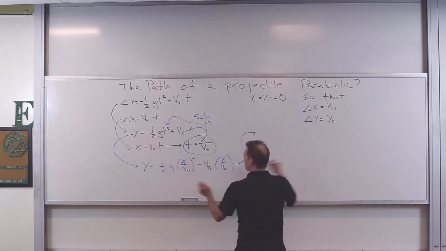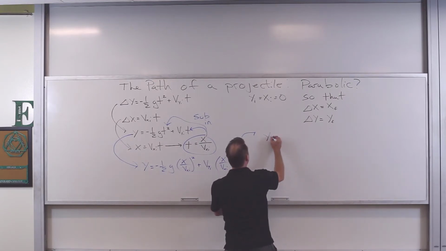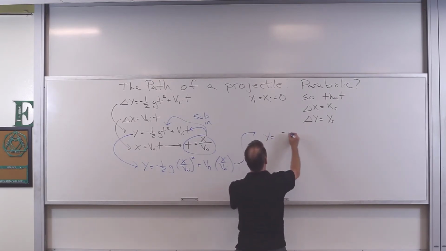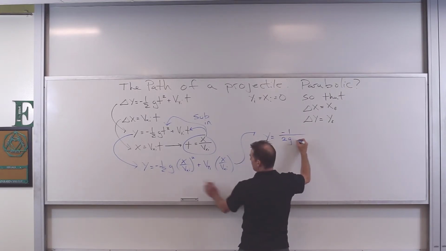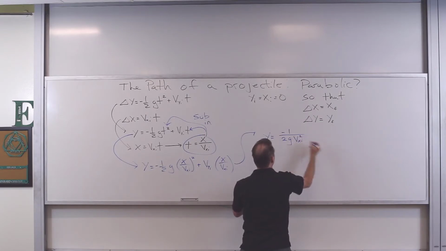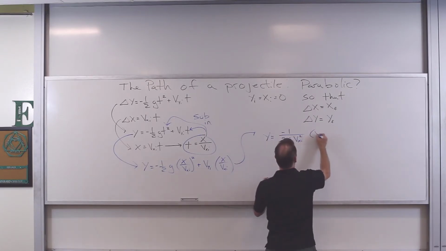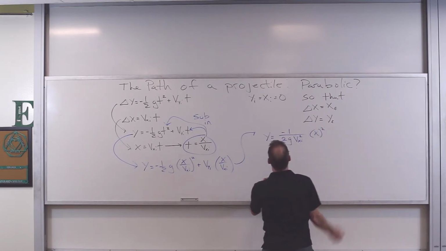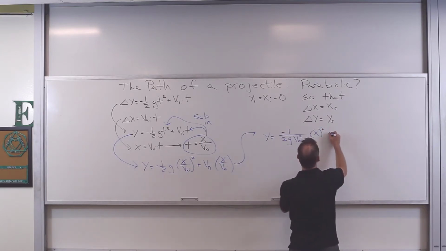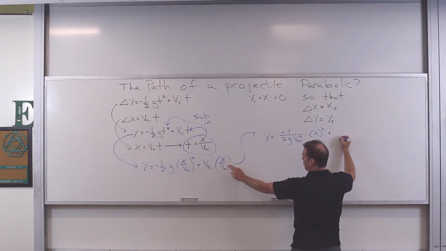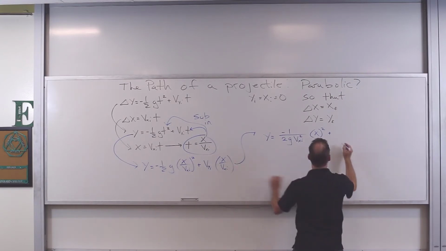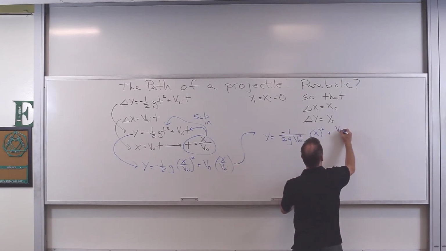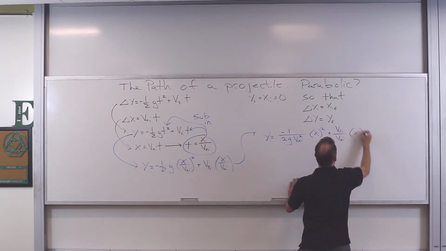So, you can clean this up and I can write this as then y is equal to -1 divided by 2g times vx initial squared multiplied by x squared, good, plus vy initial divided by vx initial, vy initial divided by vx initial times x.